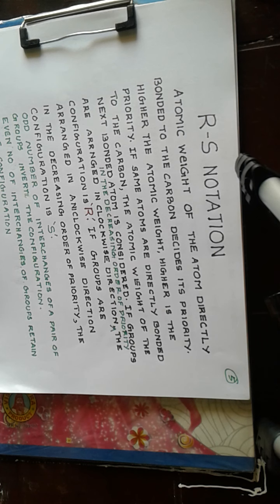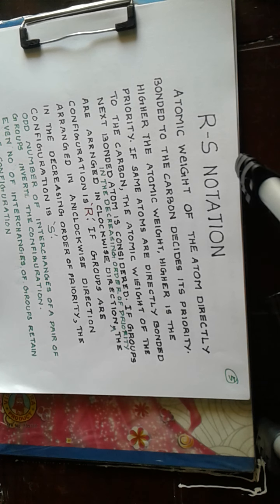A group having higher atomic weight is given higher preference. Now if the groups are arranged around a carbon in the order of decreasing preference in the clockwise direction, then it is called R configuration, or the molecule possesses R configuration.